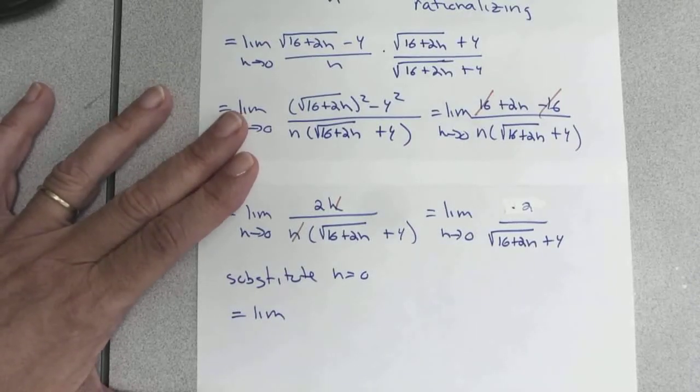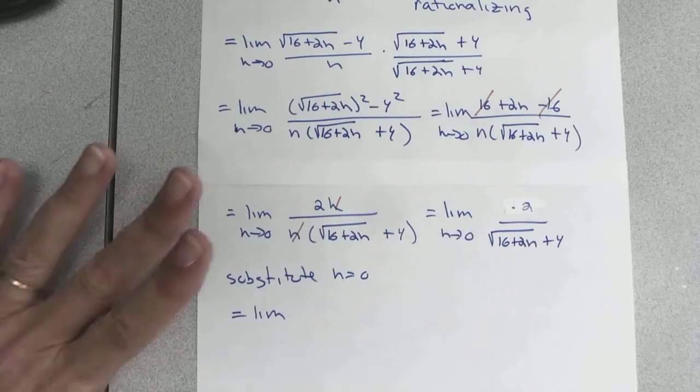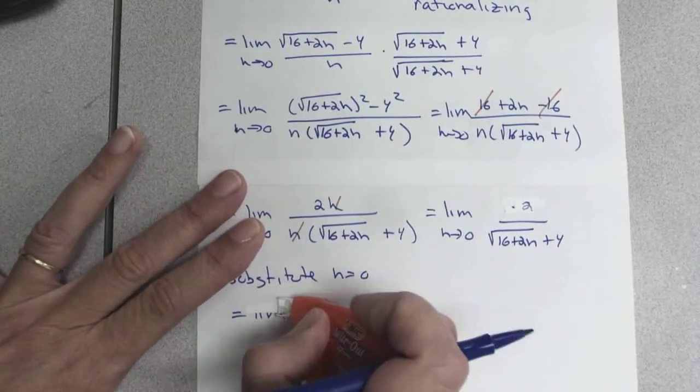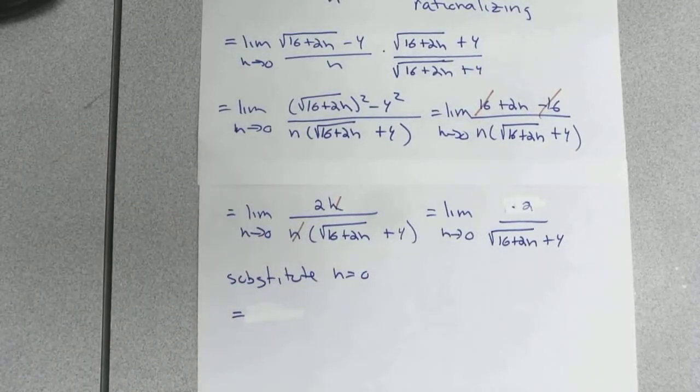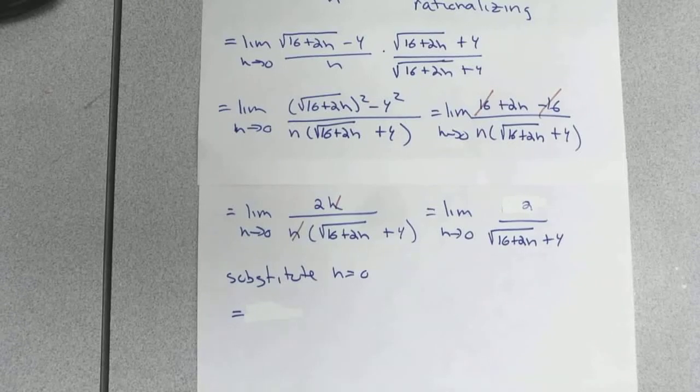When I get to the point of substituting h equals 0, or whenever I'm doing a limit and I get to the point of substituting in the value, in this case 0, that's when you drop the limit symbol. So I don't want the limit symbol here. You write the limit symbol all the way along until you get to the point where you're substituting. Then you drop the limit symbol.